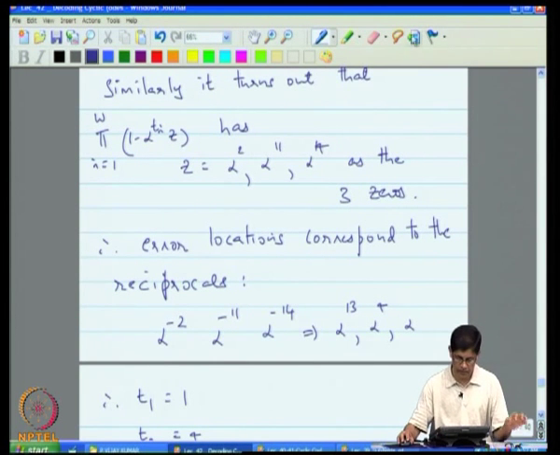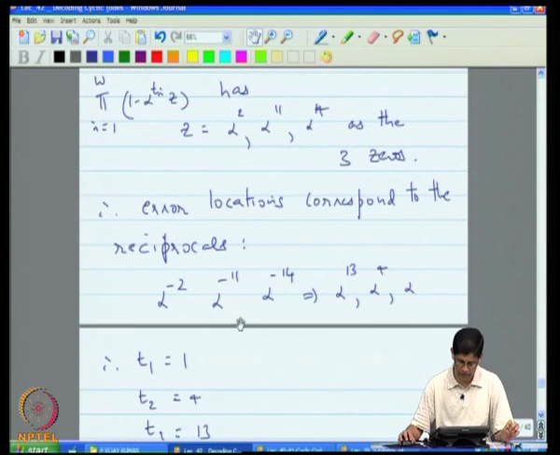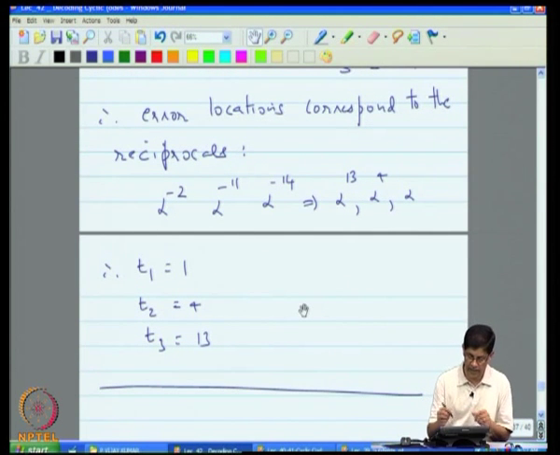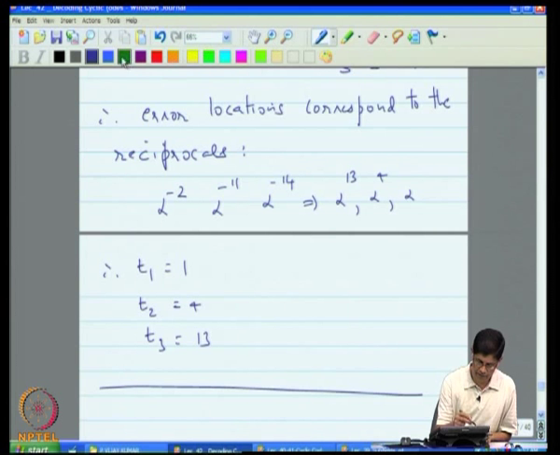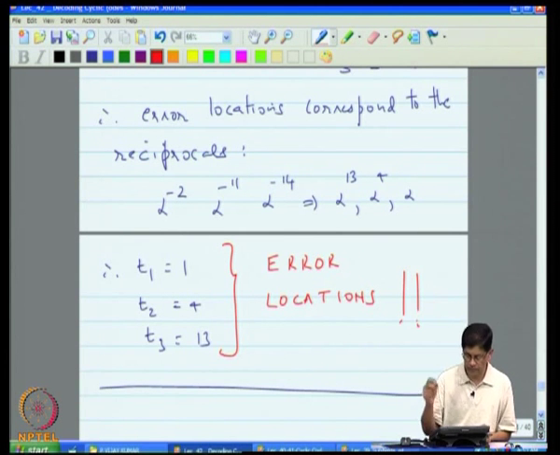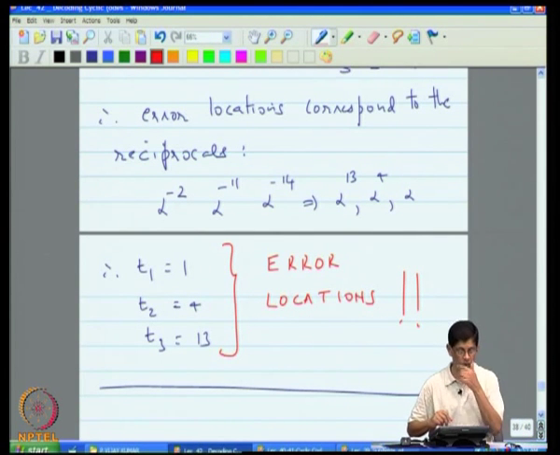So the reciprocals being alpha to the minus 2, alpha to the minus 11, alpha to the minus 14, which is alpha 13, alpha 4 and alpha. So that means that there were 3 error locations and these are the 3 error locations. So we have actually successfully decoded the code.